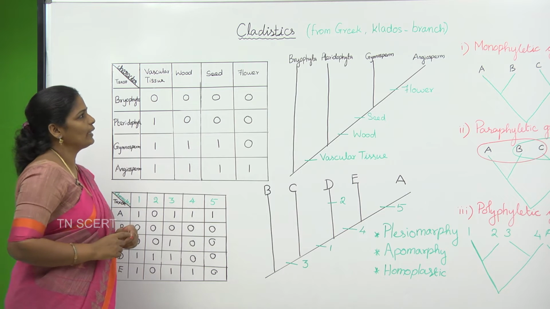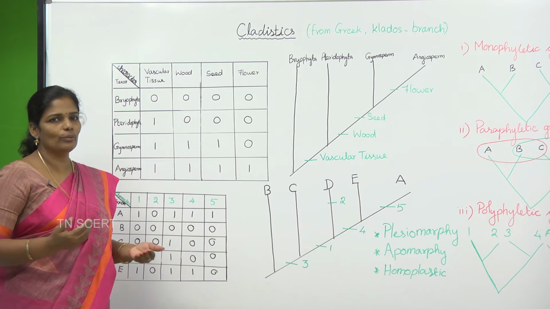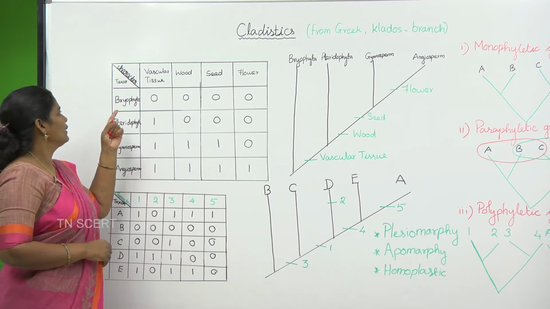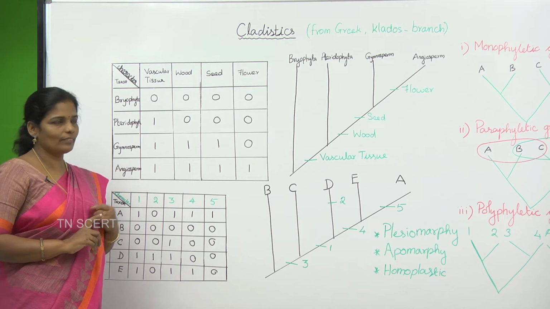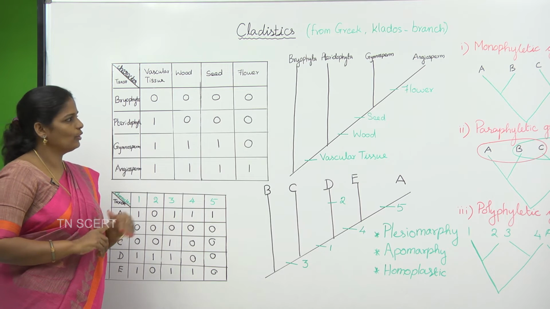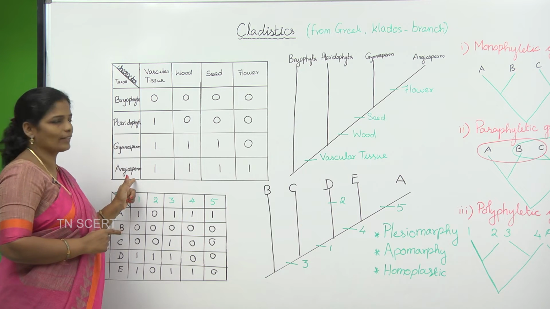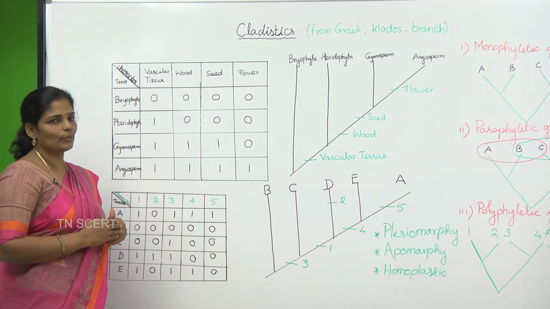Okay. So, let us see now how to construct a cladogram with the help of the data we obtained. A cladogram is nothing but a diagrammatic representation which explains the phylogeny, right. Here you see Bryophyta doesn't possess vascular tissues, wood, seed and flower. So, it varies from all other taxa, isn't it? We are going to denote the same in the cladogram.